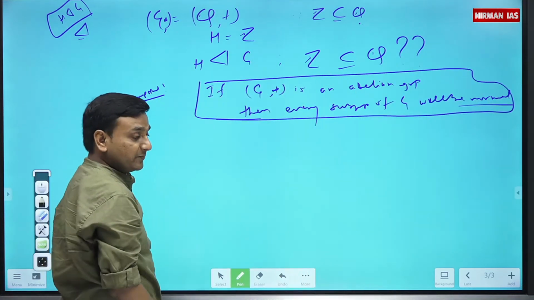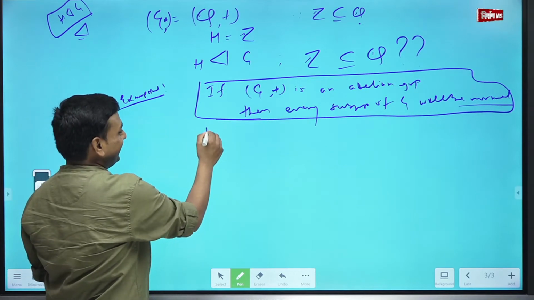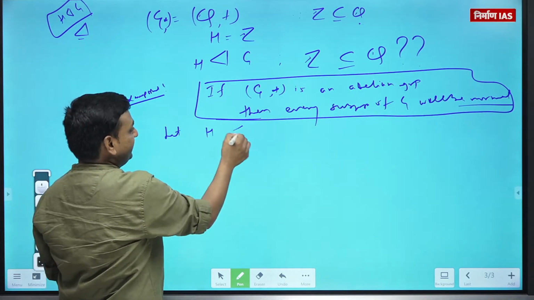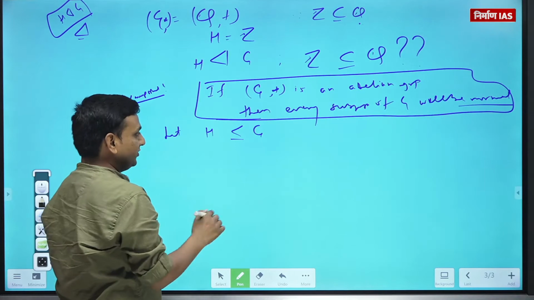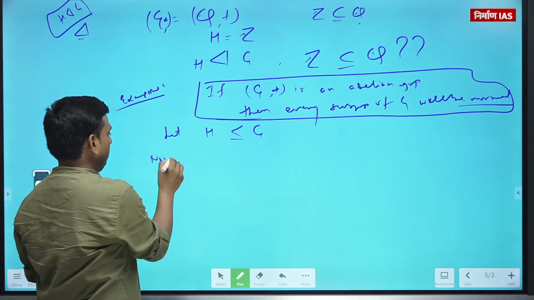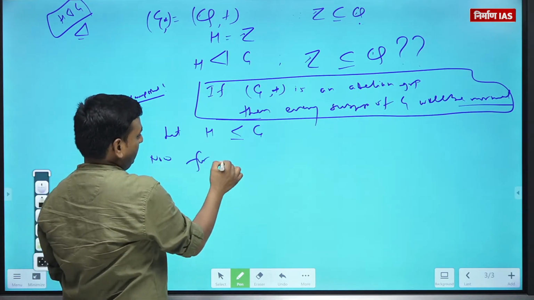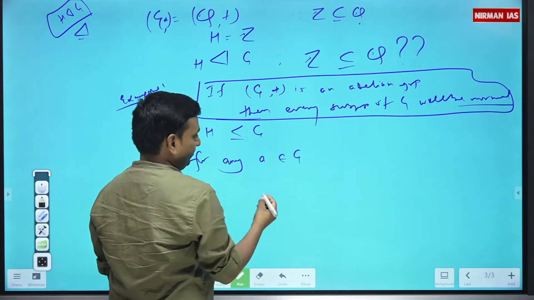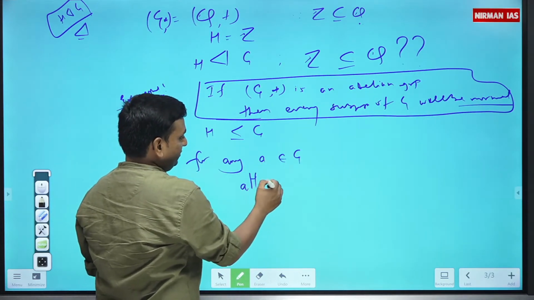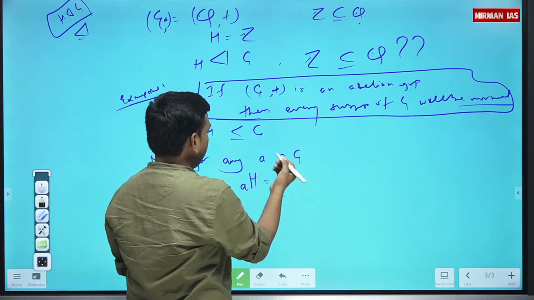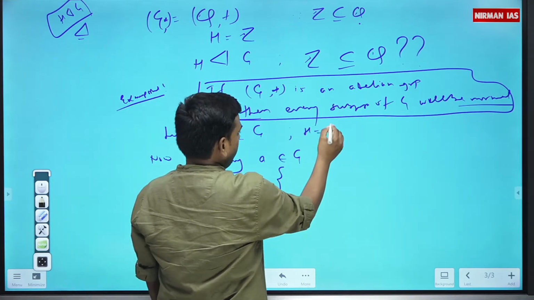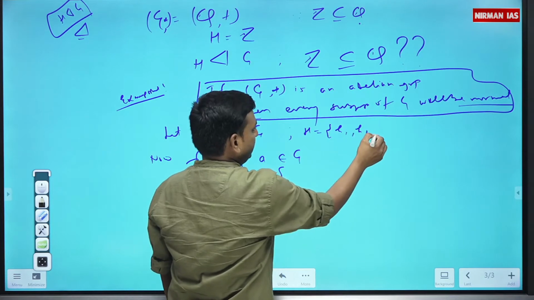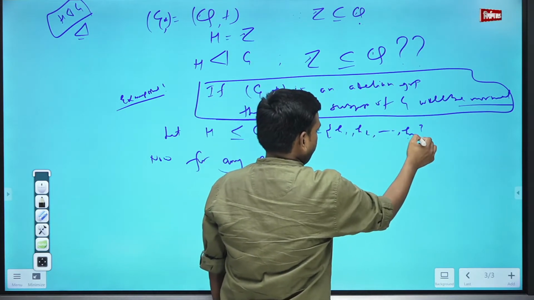Why is it so? Let H be a subgroup of G. Now, for any element a belongs to G, what will aH be? Let's say H is a set something like this, okay?